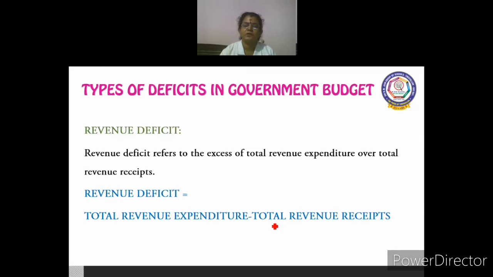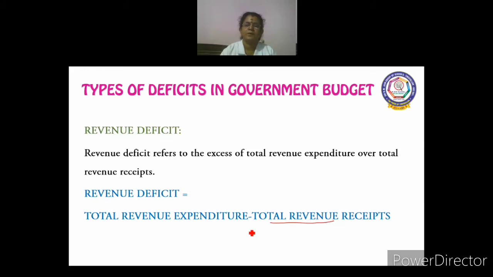This total revenue receipts comprises of tax revenue plus non-tax revenue receipts. Total revenue expenditure minus total revenue receipts is revenue deficit.